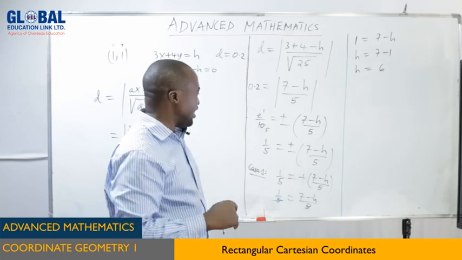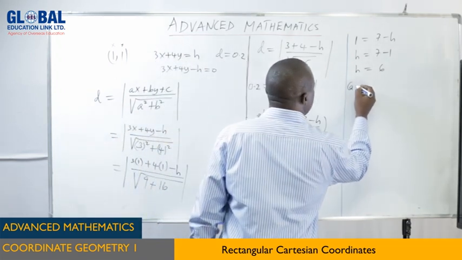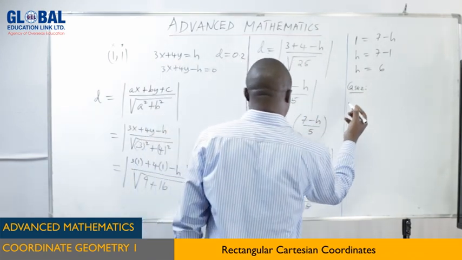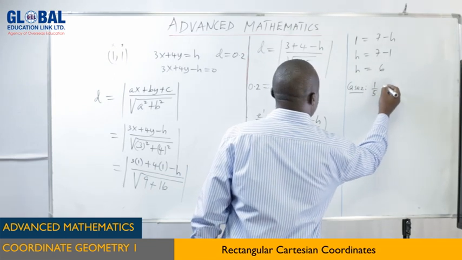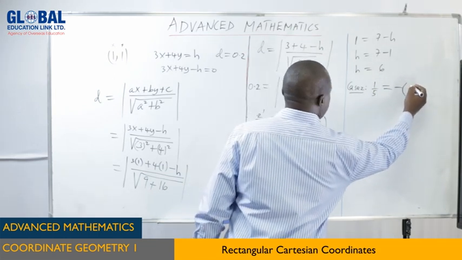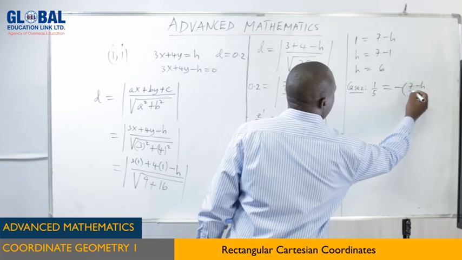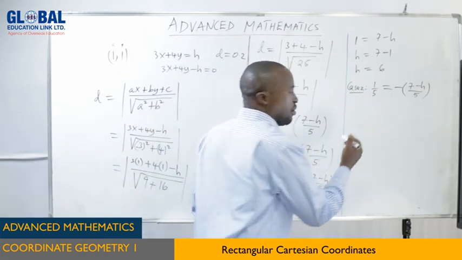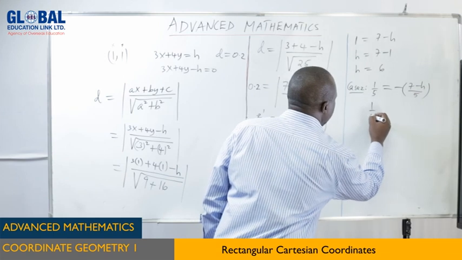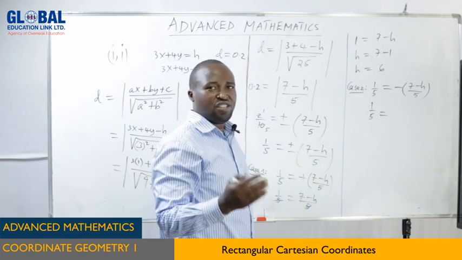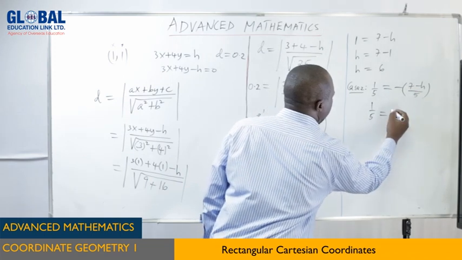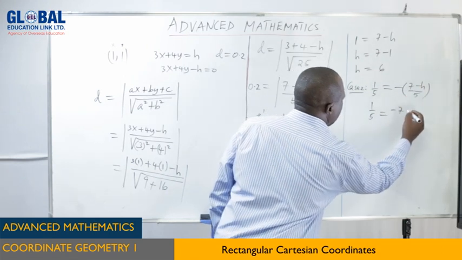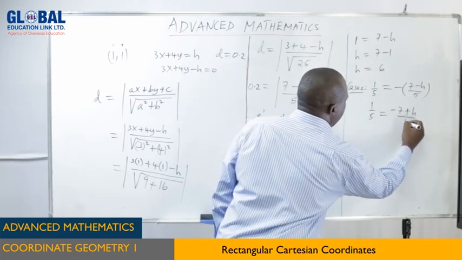Let us proceed with the second case, that is for negative. Case 2: this time we take the negative, so 1 over 5 is equal to minus 7 minus h over 5. Here we open up the bracket: negative times 7 gives negative 7, and negative times negative h gives positive h, over 5.